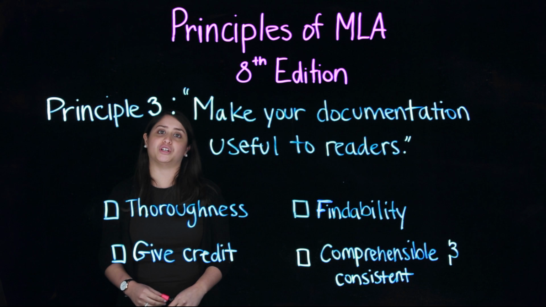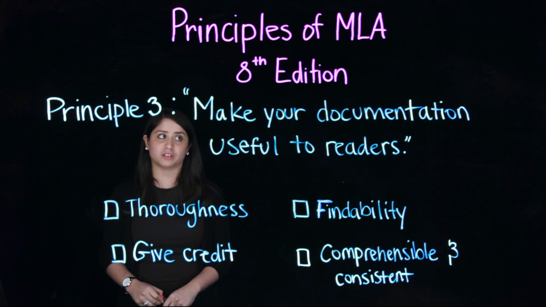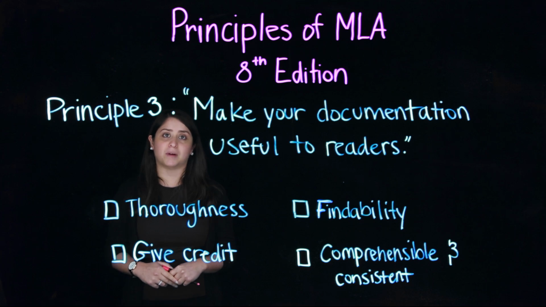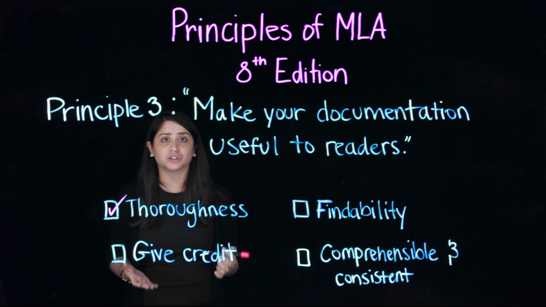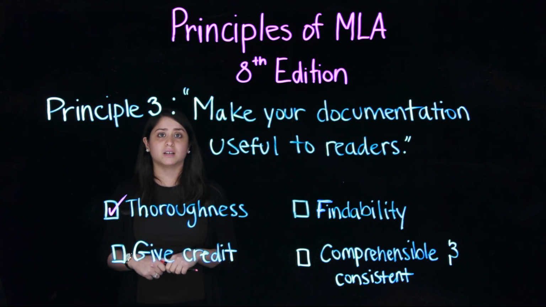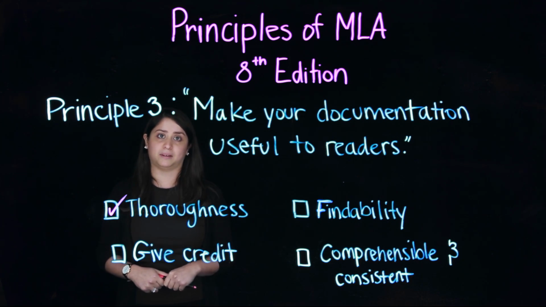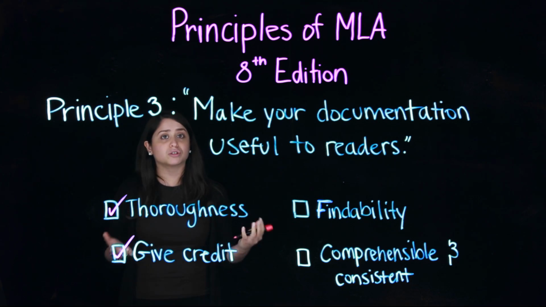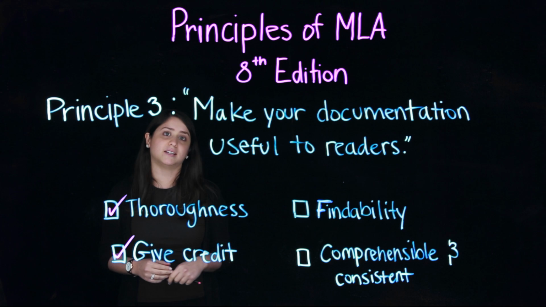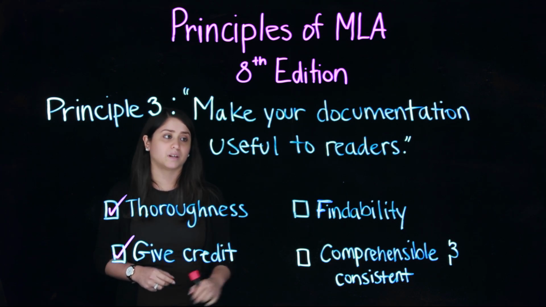The third principle is to make sure your documentation is useful to readers. Some things to keep in mind as you're documenting is the thoroughness. You want to make sure your sources are relevant to your essay or your argument. Secondly, you want to give credit to your sources, and usually this is done through in-text citations or signal phrases.